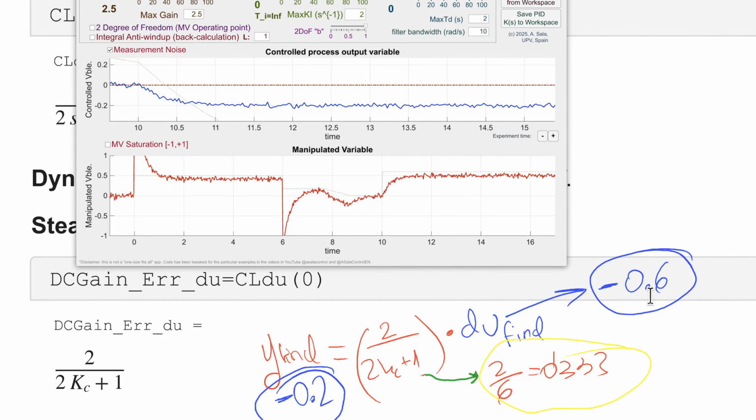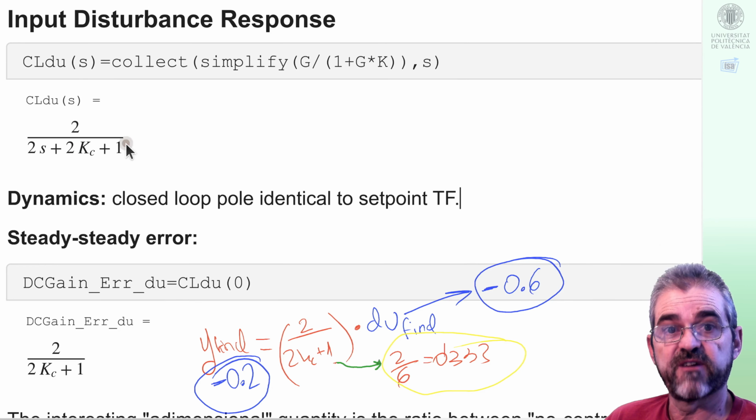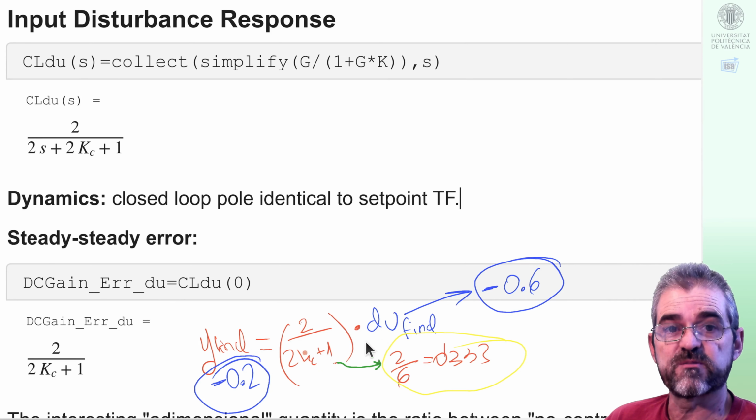So it is true that the DC gain of this function tells me the final value of the output, but in an application I usually will employ this expression to compute the final value of the unmeasurable input disturbance from the measurable final value of the output.